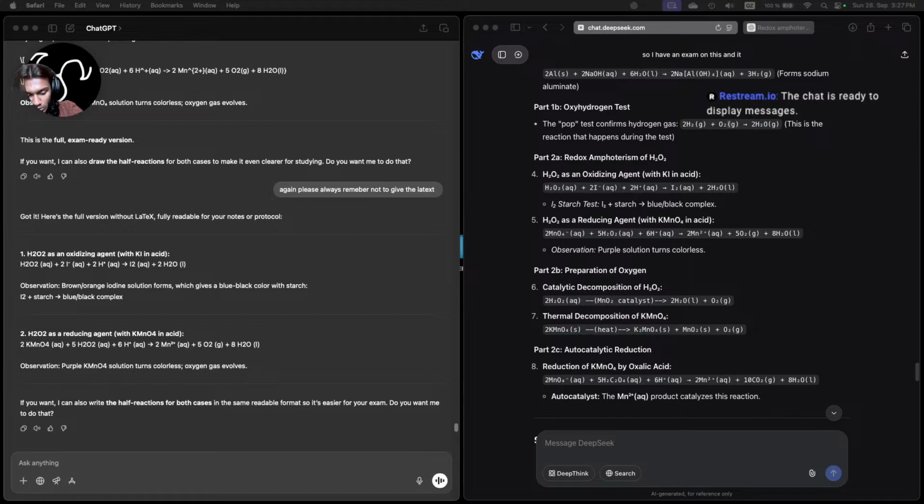And aluminium plus sodium hydroxide, aluminium plus sodium hydroxide.